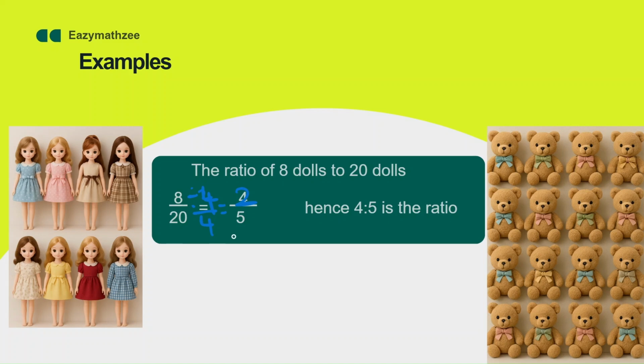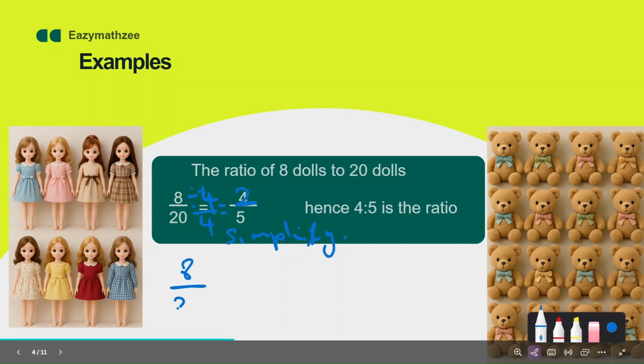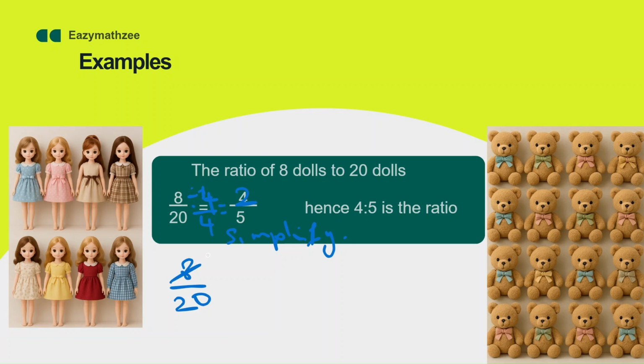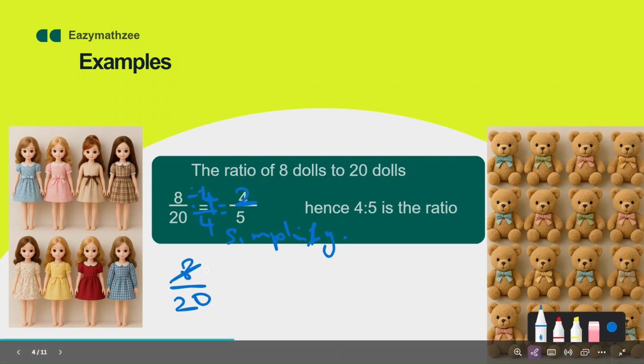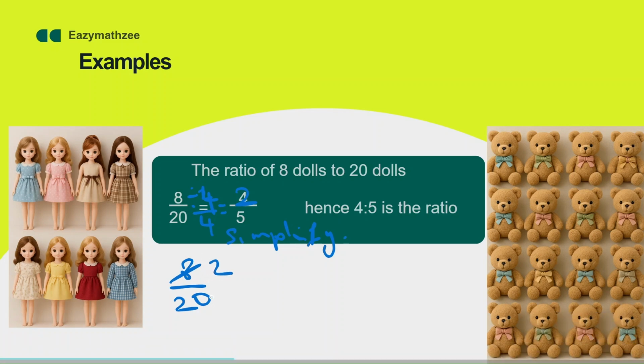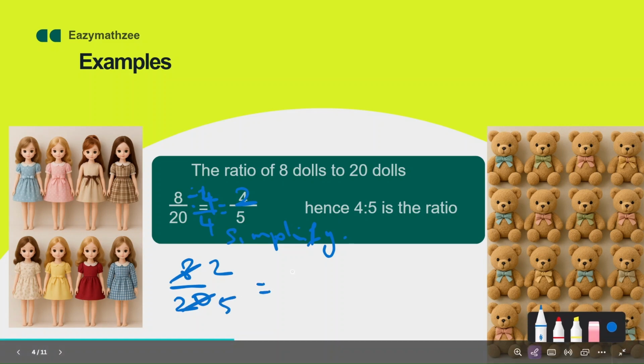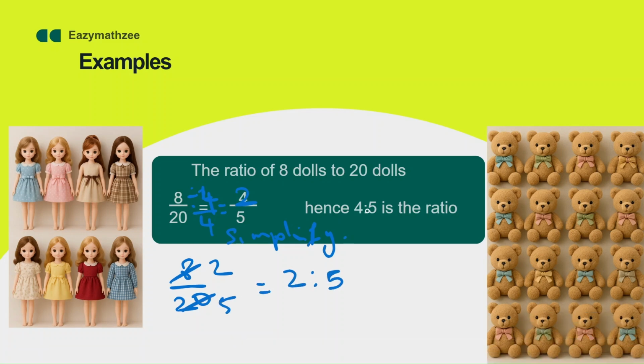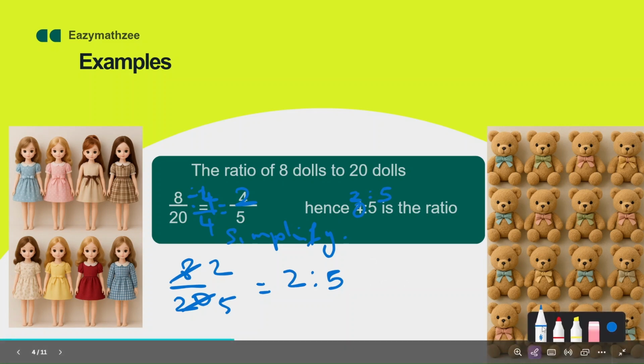That means you have to simplify into the smallest ratio. Once again, 8 by 20, both commonly go in the 4 table. 4 twos are 8, 4 fives are 20. That is equal to 2:5. I said 4:5 earlier, that was wrong, sorry for that. 2:5 is the ratio of the dolls.